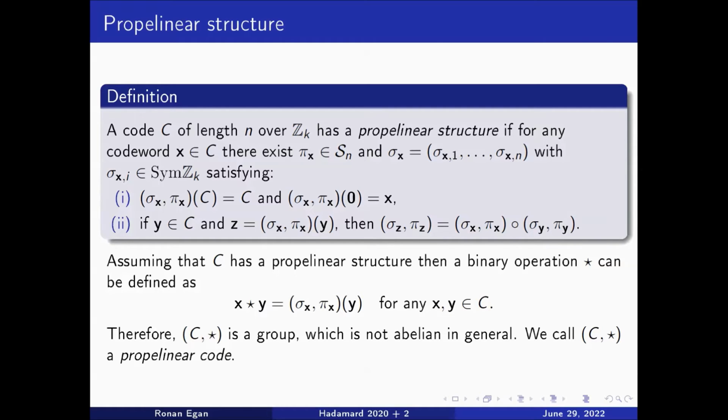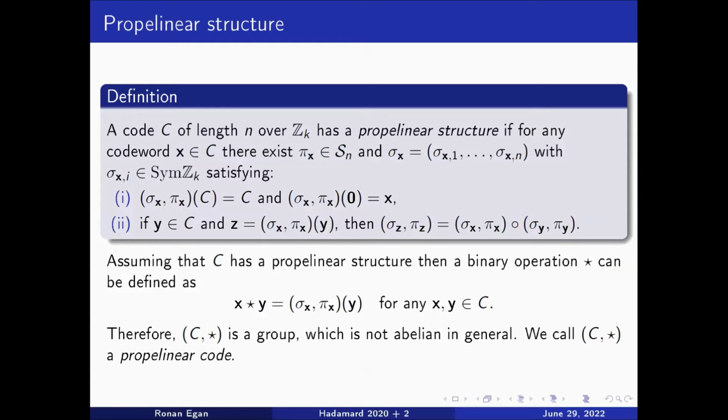So what this means is that this set of code words now forms a group, because these conditions essentially imply that I will always have closure and I will have inverses and so on. It maybe takes a little bit of details to work out, but these code words now form a group with this operation. It's not abelian in general, and this is what we call a propylinear code.